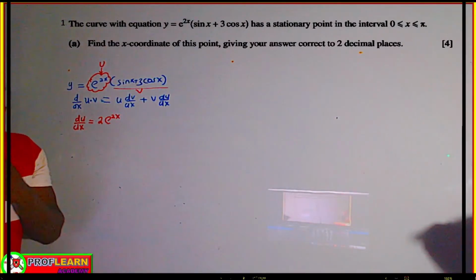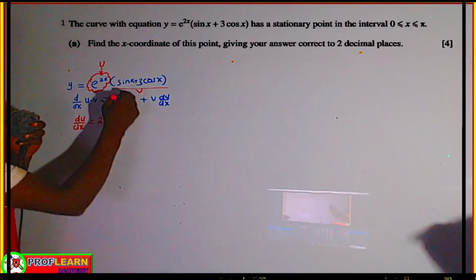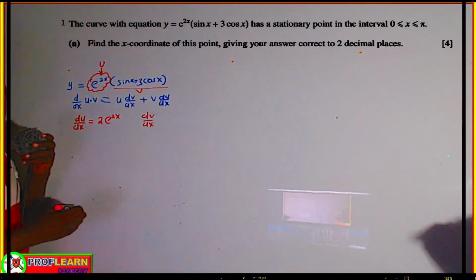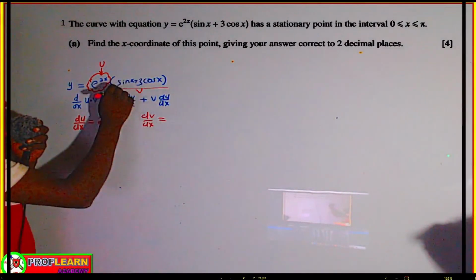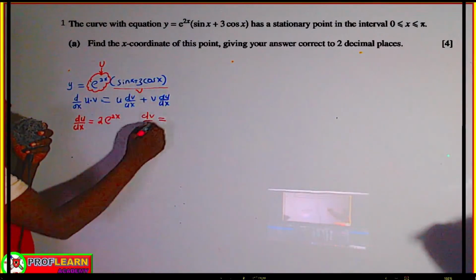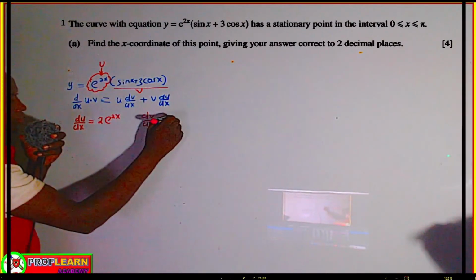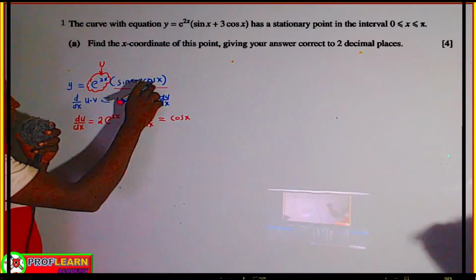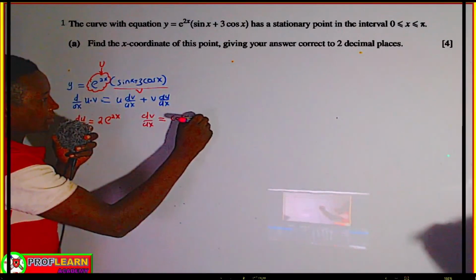Then we are also going to differentiate the other one, which is our v. So dv/dx is going to be equal to what? We have two functions, sin x and 3 cos x. If we differentiate the first one, it is going to be cos x, and the other one, if you differentiate cos, you get a negative sign. So this is going to be minus 3 sin x.